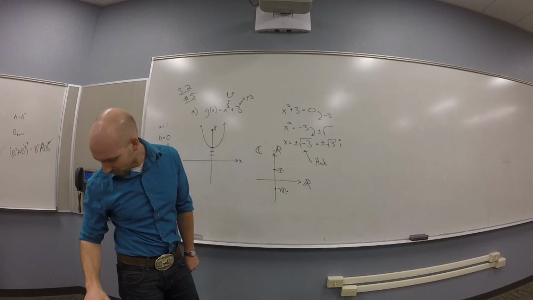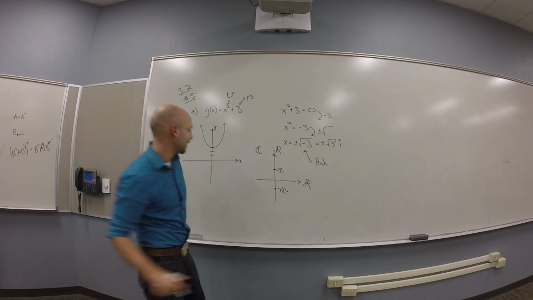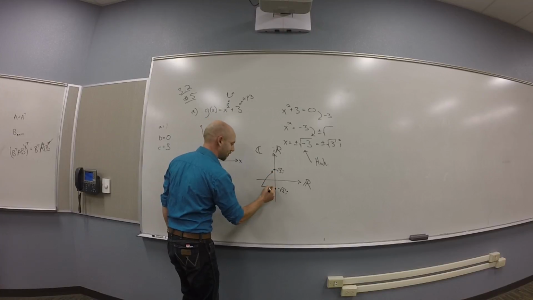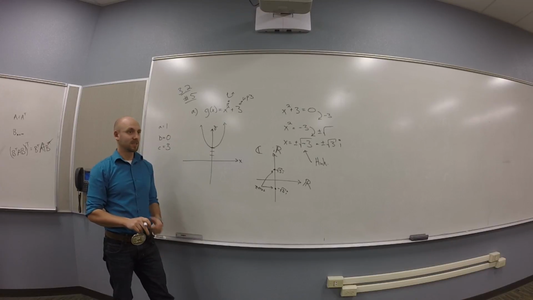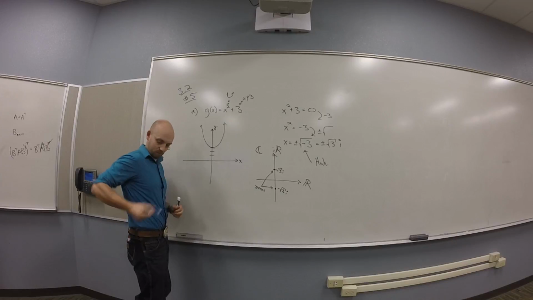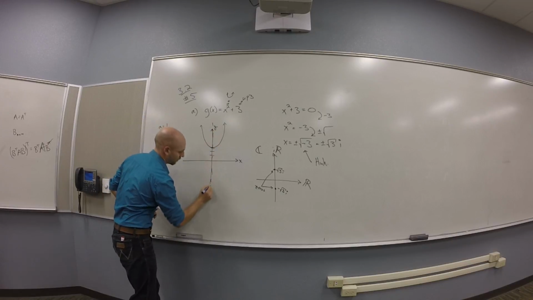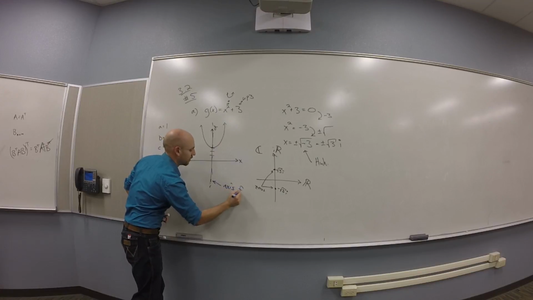Cool. Good talk. All right, and then we're supposed to label the axis of symmetry. Those are the zeros. Again, that's major overkill. Where's your axis of symmetry? x equals 0. Cool. So, axis of symmetry.